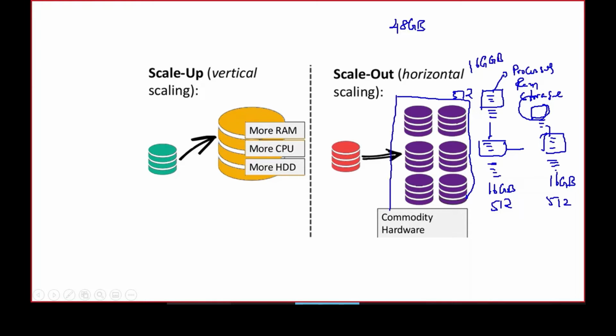So this kind of environment is what we call a distributed environment. And this kind of scaling is technically called scale out, and the kind of scaling is called horizontal scaling.